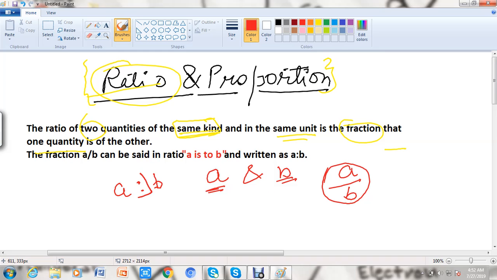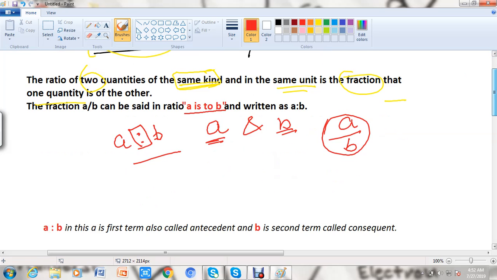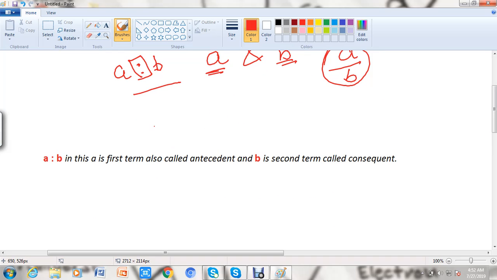In A is to B, A is the first term, also called the antecedent, and B is the second term, also called the consequent. Do not get confused if anyone says to multiply something in the antecedent and multiply something in the consequent, because as per the properties of ratios, like we do with fractions A and B, if we multiply the numerator by any number, we have to multiply the denominator by the same number as well.